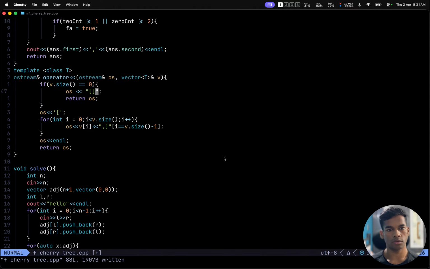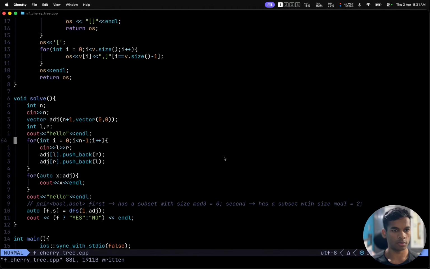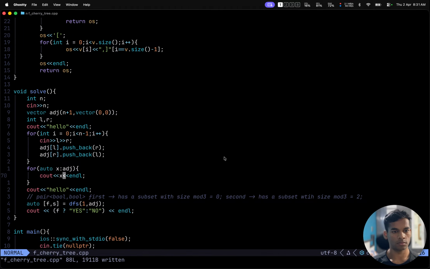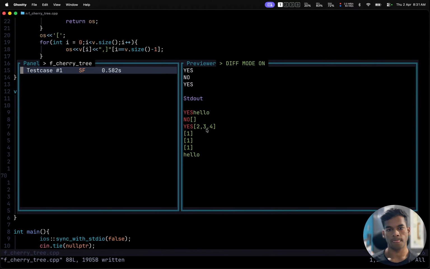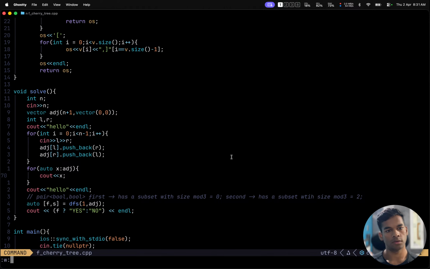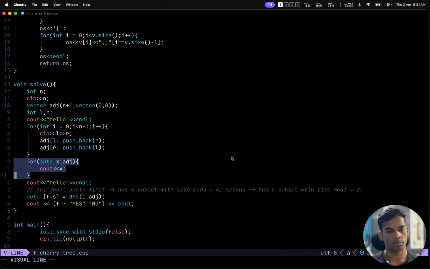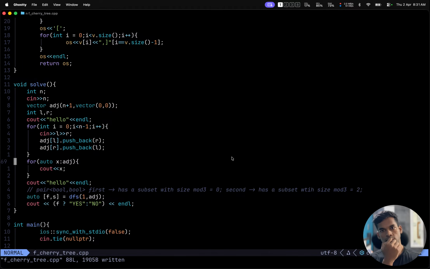Here also, and L is better. Segmentation fault. Ah, visited.